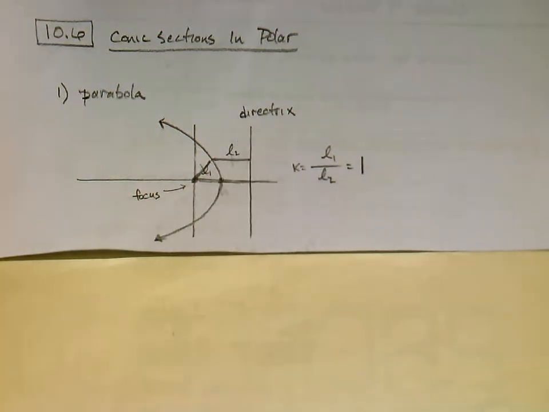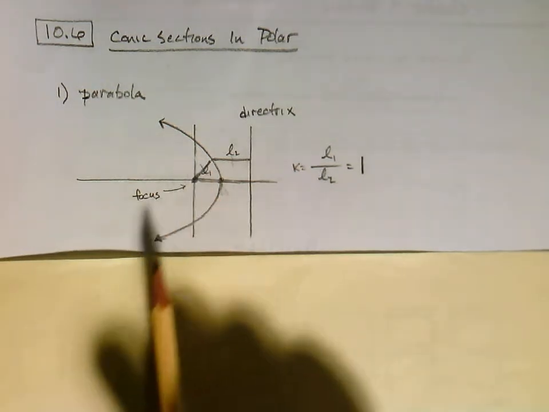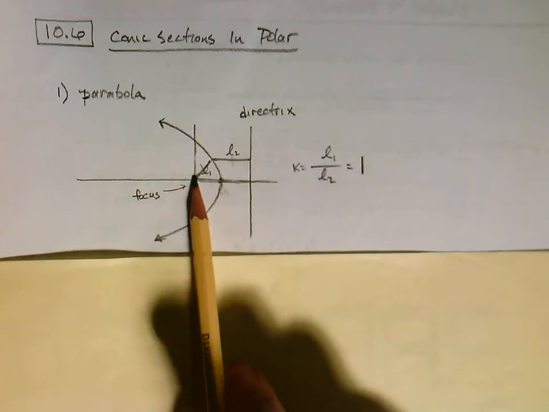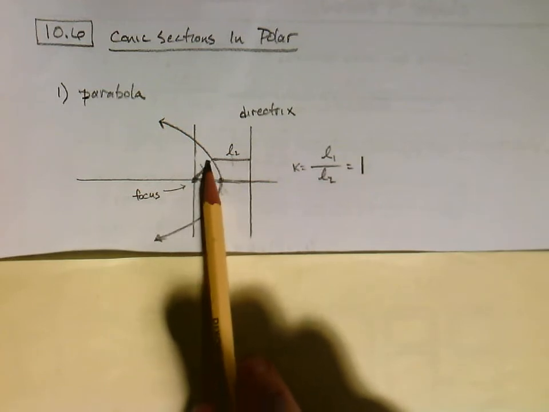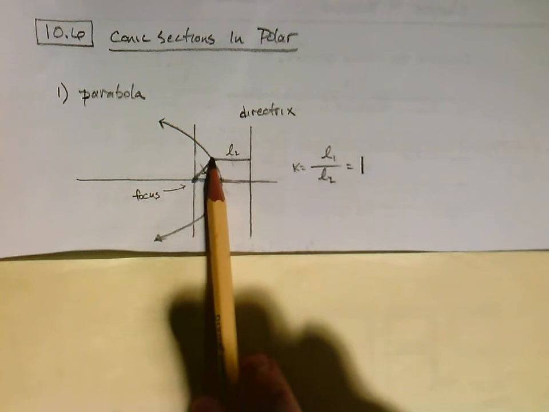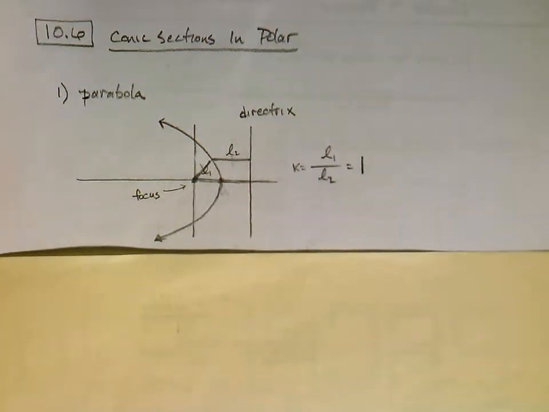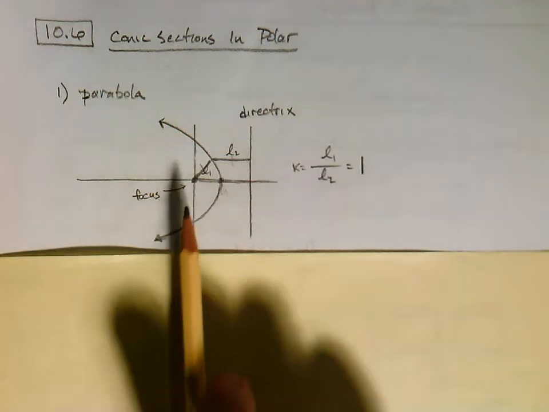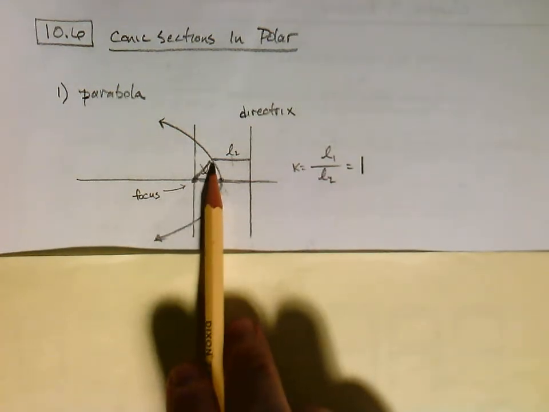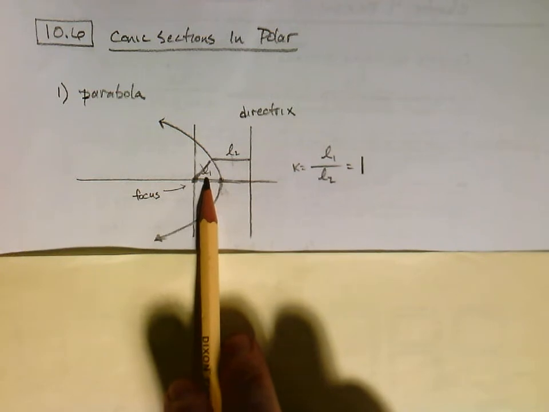So if you remember, the parabola is defined by every point on that parabola having the same distance to the focus and back to the directrix. So if I take that point, same distance here and there. I think my drawing's a little bit off, but you get the idea. Call that little line segment L1.